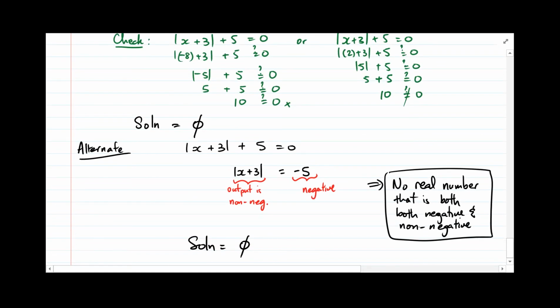So we're seeing that if we can argue this and give reasons, just like I've shown here, the output is non-negative whenever I have an absolute value, yet it is showing a negative number.